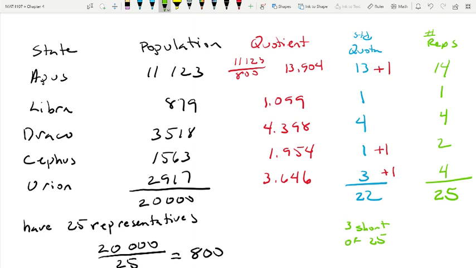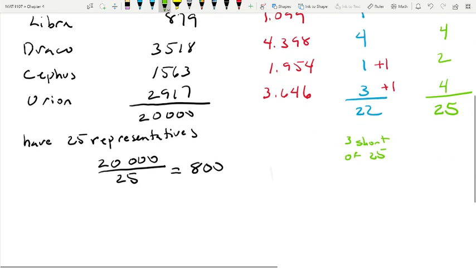So they have all been spoken for. We have them all awarded by this method. When we originally did this, however, we were a few members short, and so we had to start looking at those decimal parts of our numbers to figure out who gets an additional member.